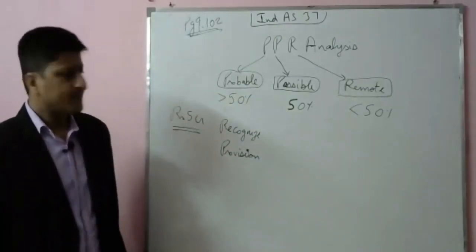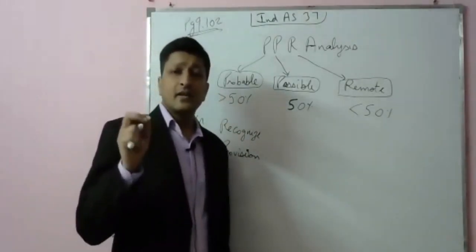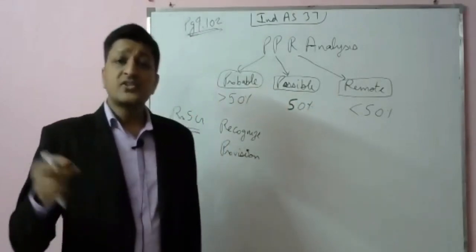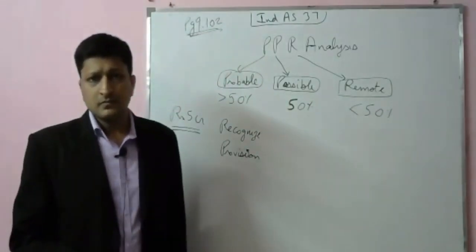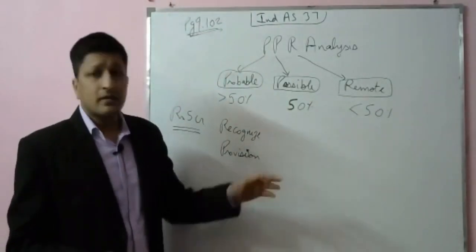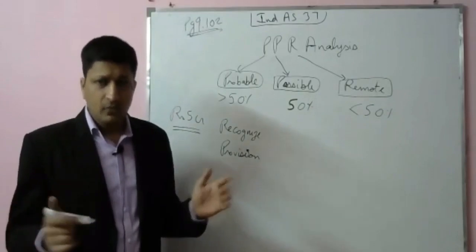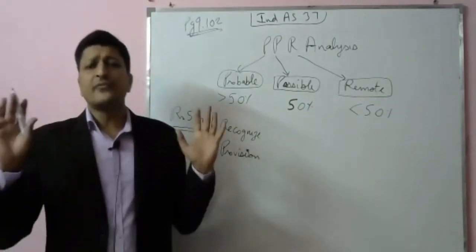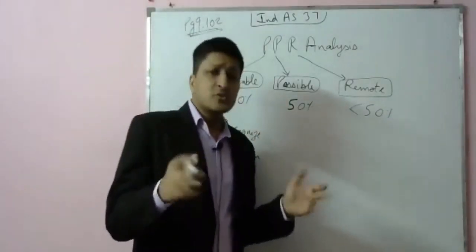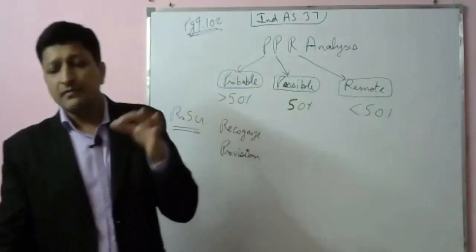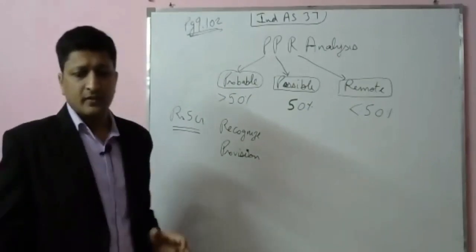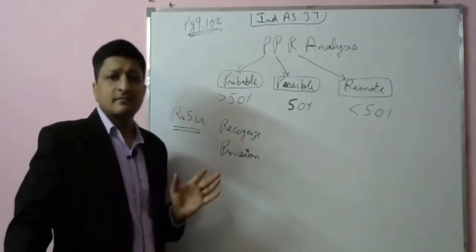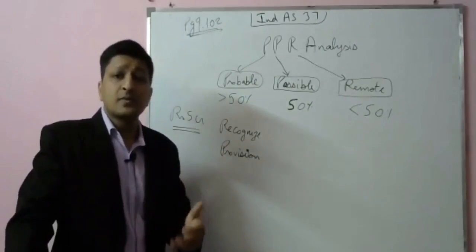Or if we say that the chances of the company losing the case are not clear, okay, means it's 50-50. There's no clarity whether the company will lose the case or win the case. It cannot be said what will be the outcome.